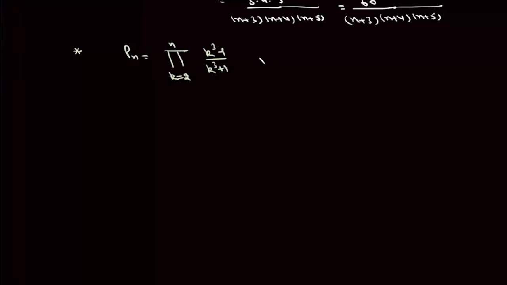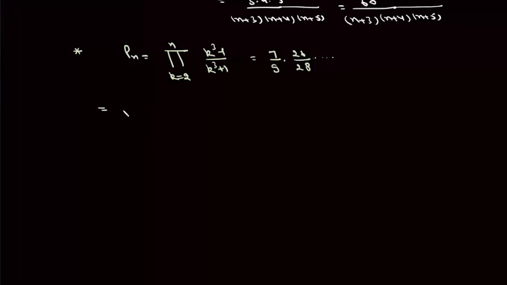Now if we try to write the first few terms, when K is 2, it'll be 8 minus 1, 7, and this is 9. Then if K is 3, 27 minus 1, 26, and here will be 28. So it feels like we are getting different kinds of terms which are not getting cancelled.